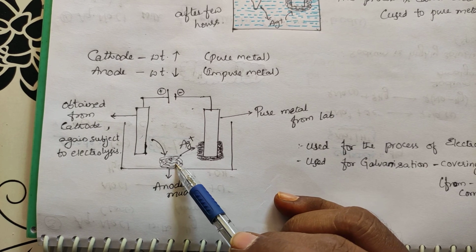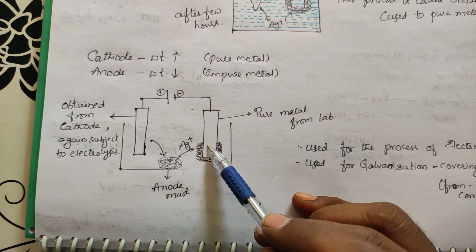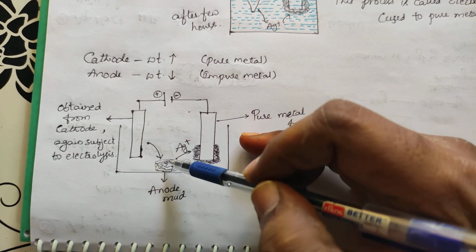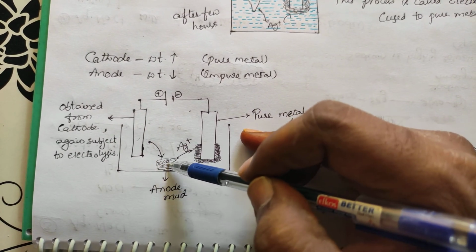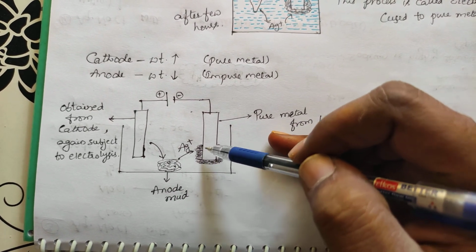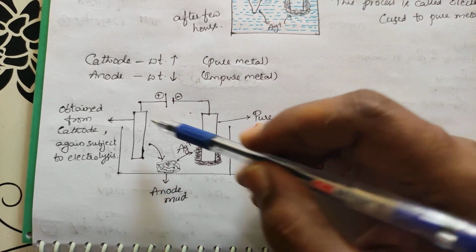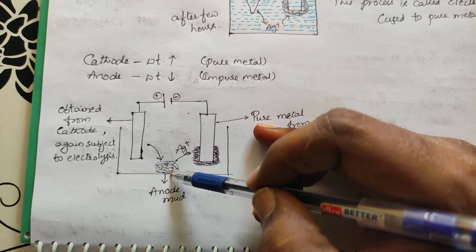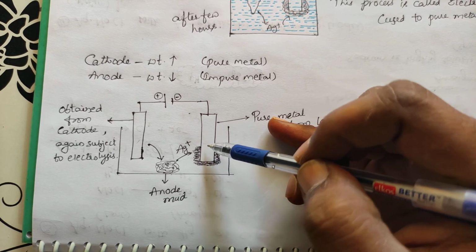Due to reduction here, it gets deposited on this one. Suppose Ag comes along with some impurities: the impurities will settle here, and Ag plus goes in due to oxidation. So due to reduction, it gets deposited here. This is the impure metal. If there is any impurity, it is left out here, and pure silver gets deposited on this.